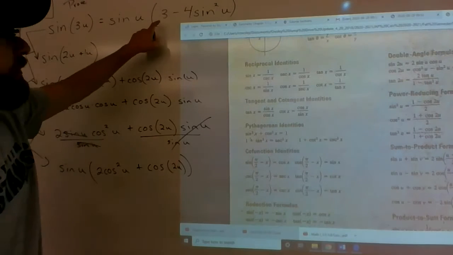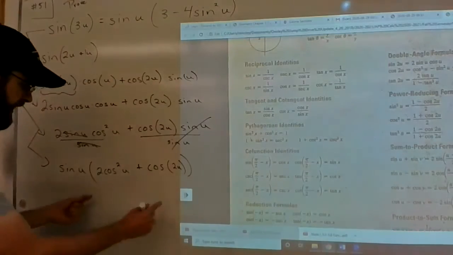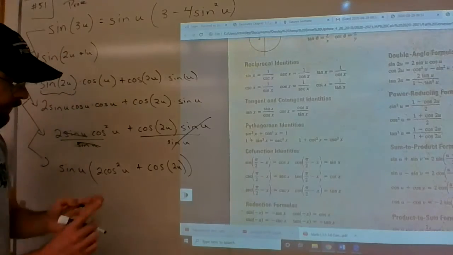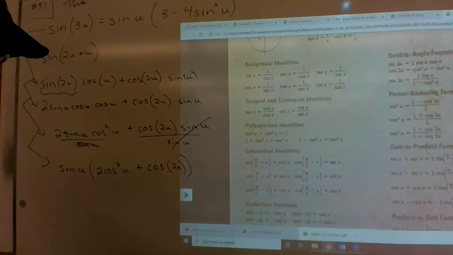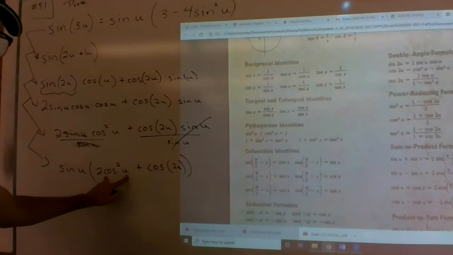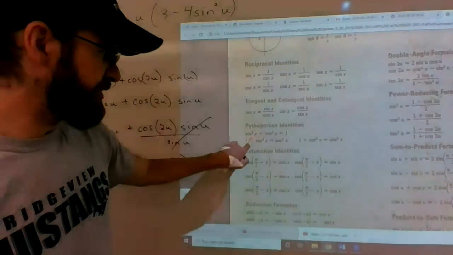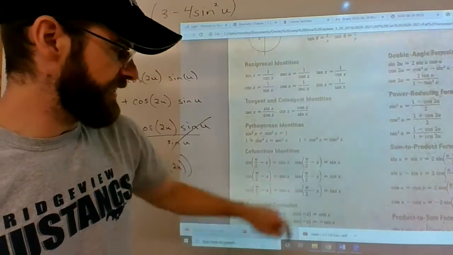So now, how are we supposed to show that 3 minus 4 sine squared is the same thing as a bunch of cosines? Well, I think the best move then would be to say that cosine squared does not belong at all. So we can use the identity where if I subtract sine squared from both sides, cosine squared equals 1 minus sine squared.